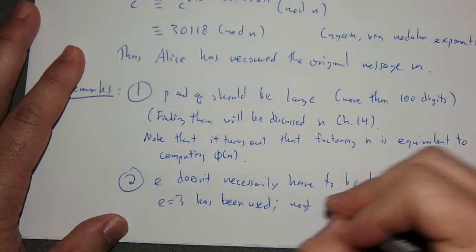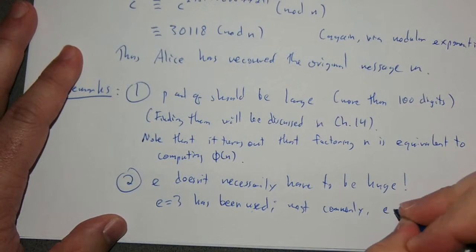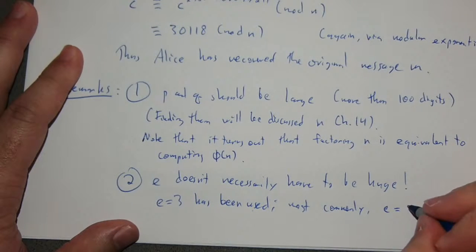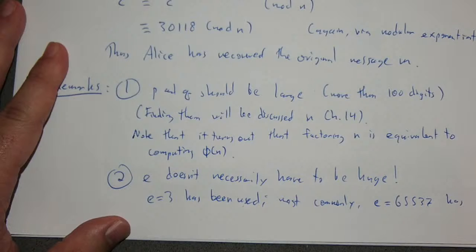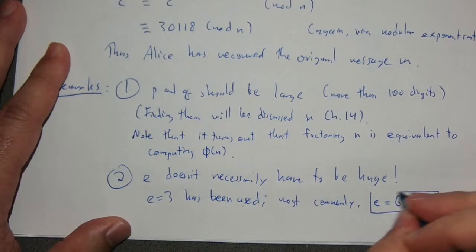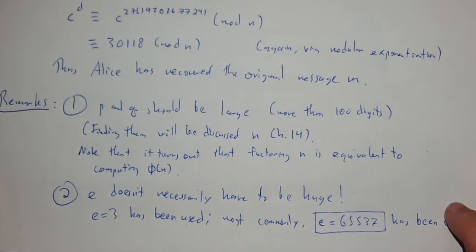Most commonly, E equals 65,537 has been used. So this might seem huge, but cryptographically speaking, this is not a very big number. So this has been used.